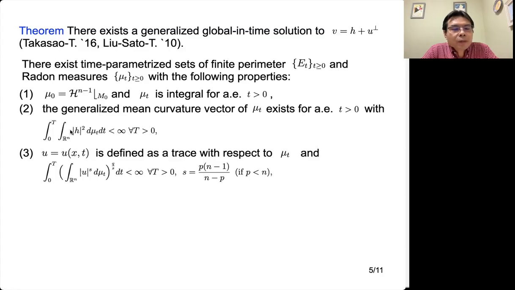So h square is integrated with respect to surface measure, and you integrate over time. This is finite for all time, and this mu u can in fact be defined as a trace on the surface, meaning with respect to mu t.